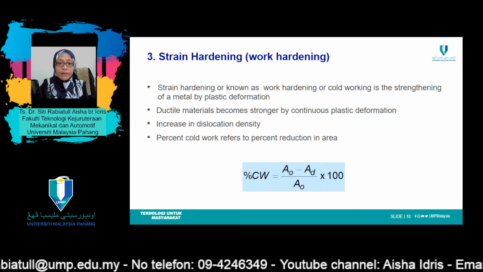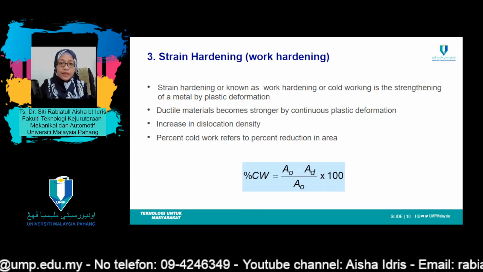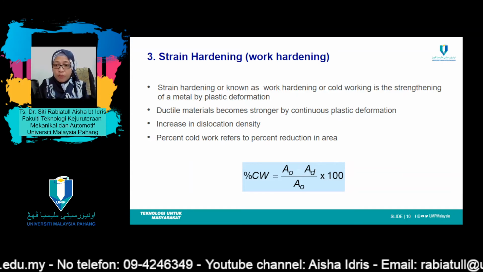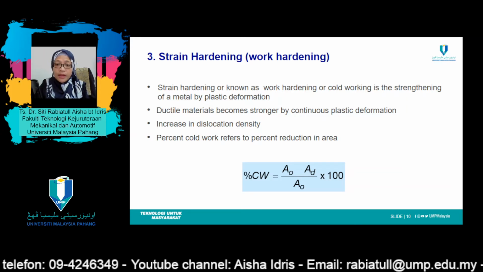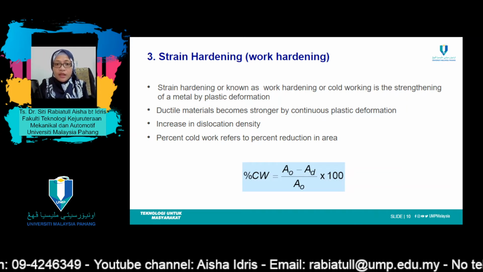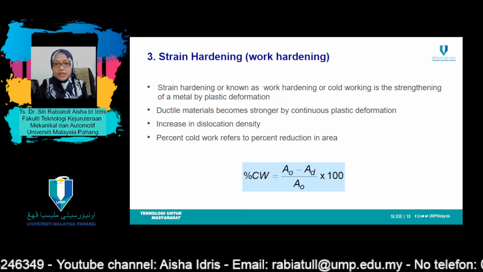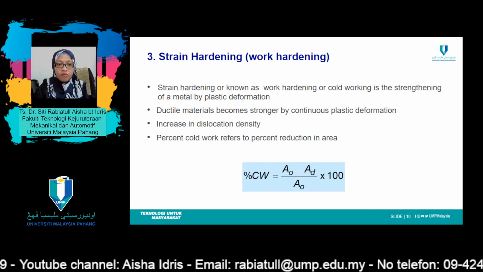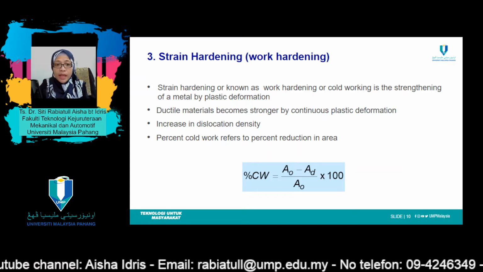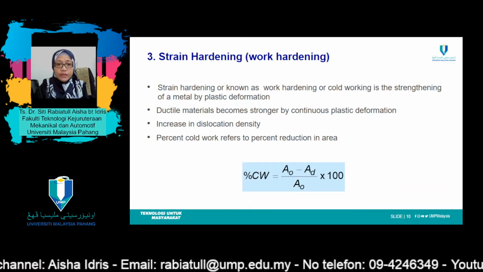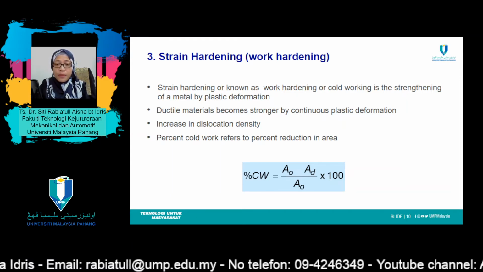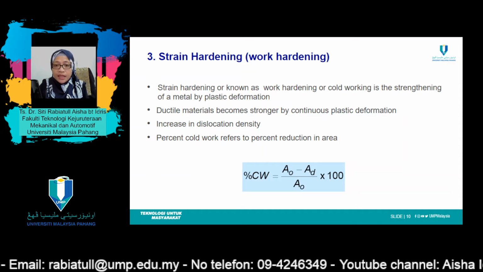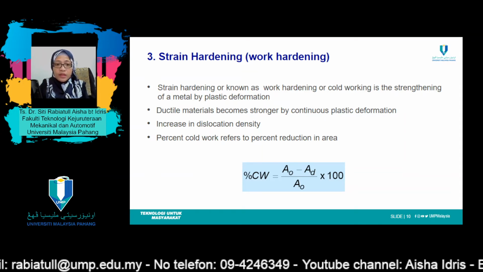It is sometimes convenient to express the degree of plastic deformation as percent cold work rather than as strain. The percentage of cold work is defined as follows, whereby A0 is the original area of the cross section that experiences deformation, and Ad is the area after the deformation.